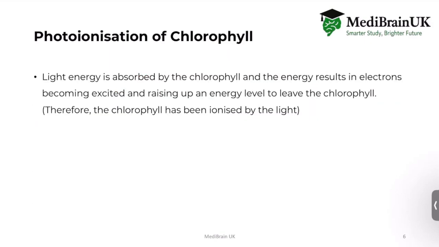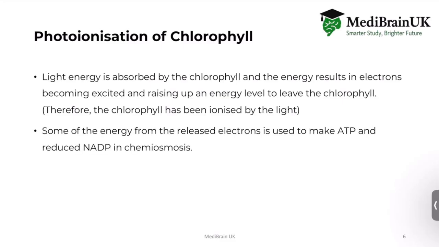So the light energy not only splits the water into oxygen, hydrogen, and electrons, but is also used to excite the electrons, causing them to leave the chlorophyll and go to the carrier proteins embedded within the membrane of the chloroplast. That gives the electrons enough energy to jump across the carrier proteins, and they will release their own energy once they've jumped across. That's the purpose of them.